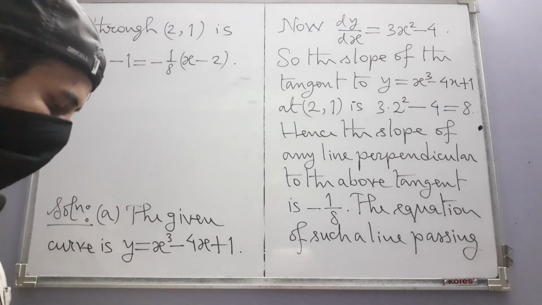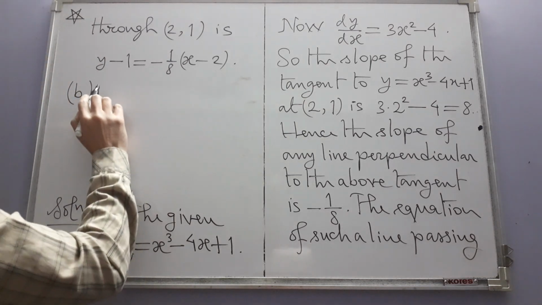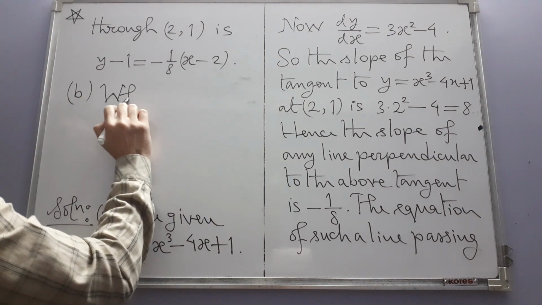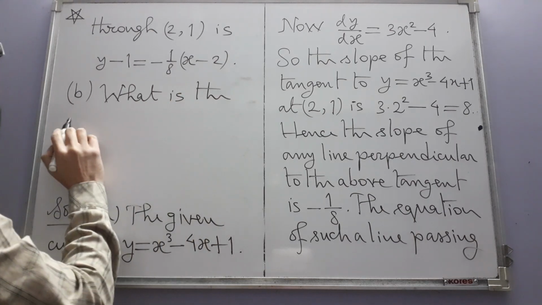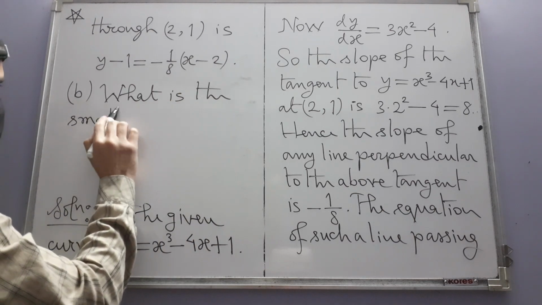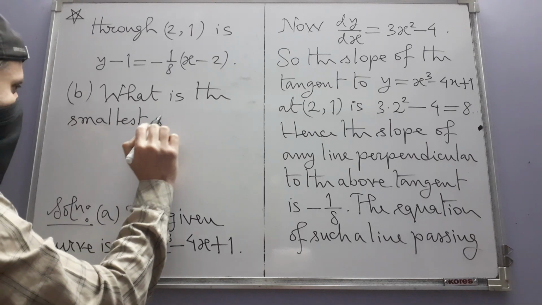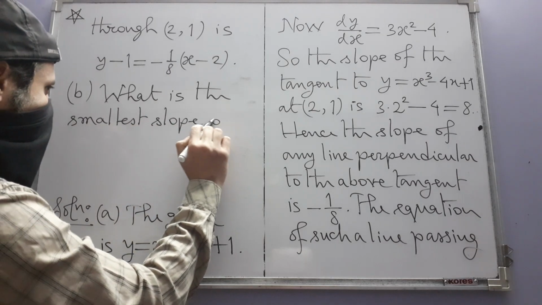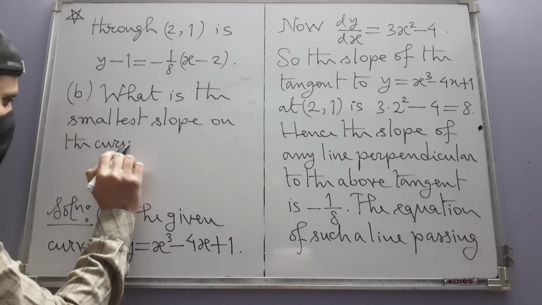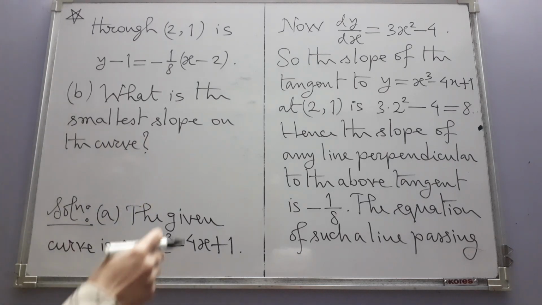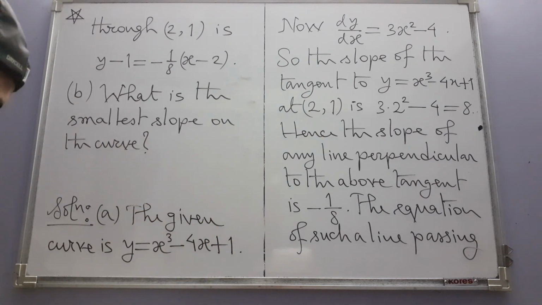What is the smallest slope on the curve? On the curve means on this curve. At what point on the curve does it have this slope?